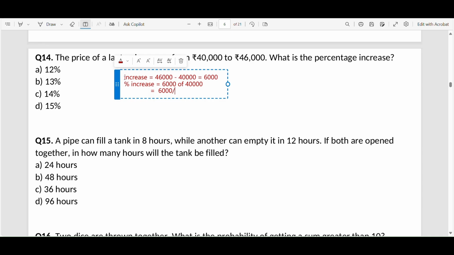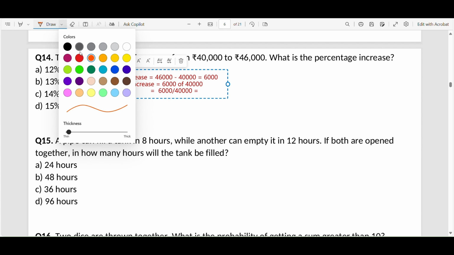So 6,000 by 40,000, then we will be getting the percentage.